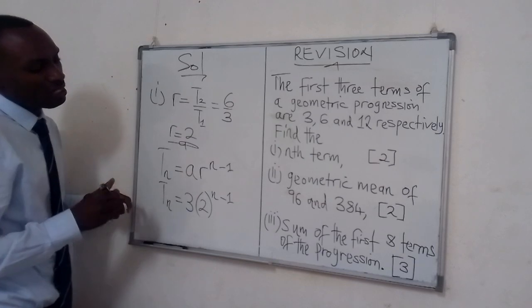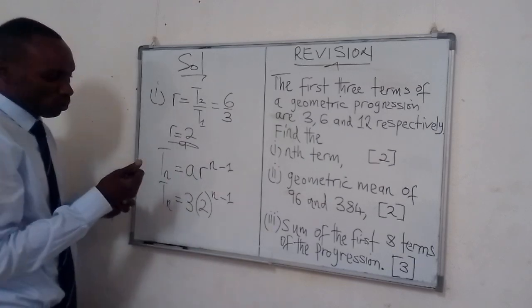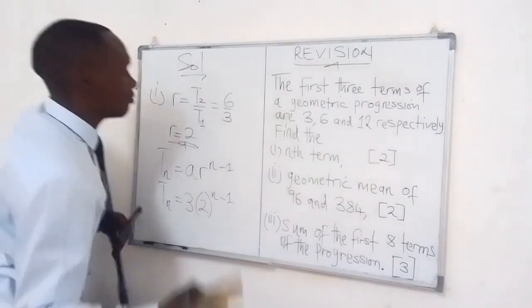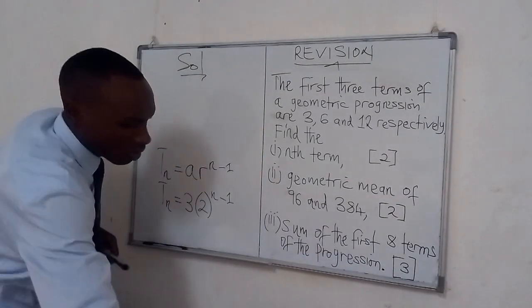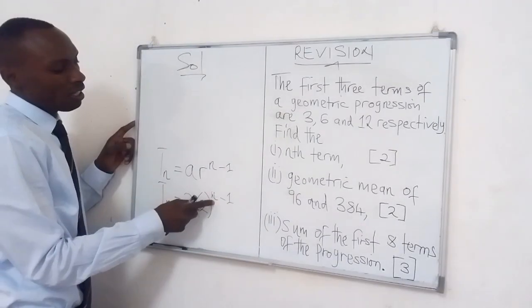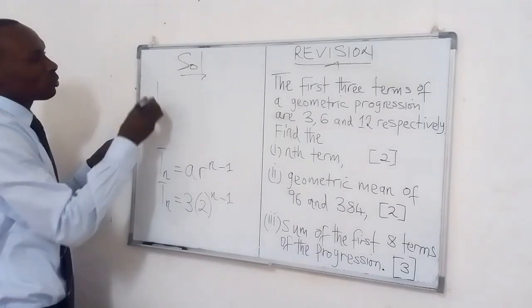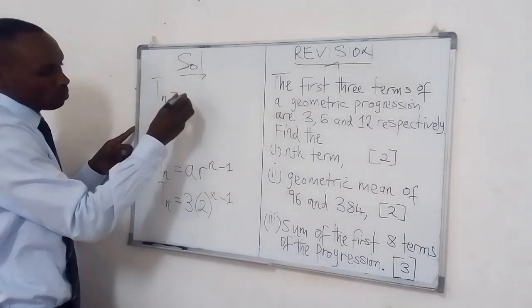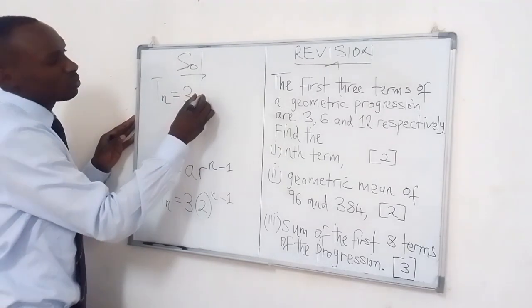So this here is our formula, but we can simplify it further. Since we know that 2 to the power n minus 1 can be written in another form, Tn equal to 3, we keep the 3, then write 2.